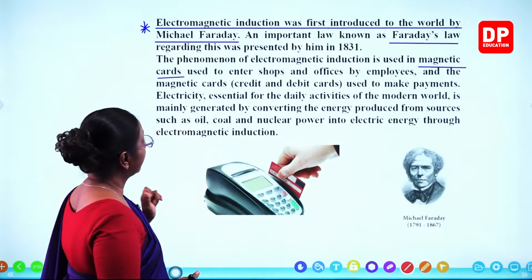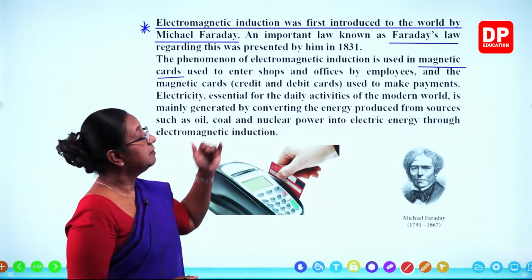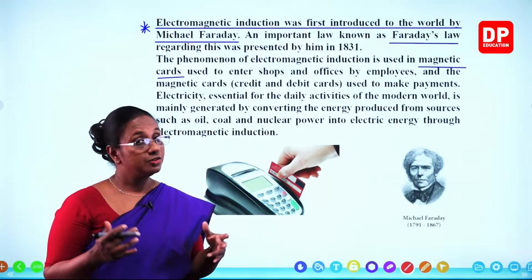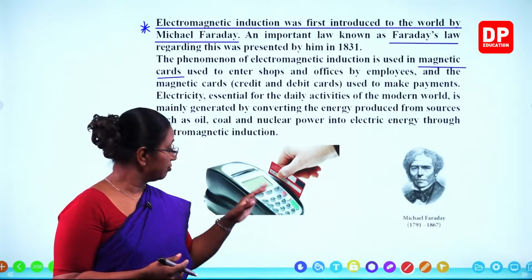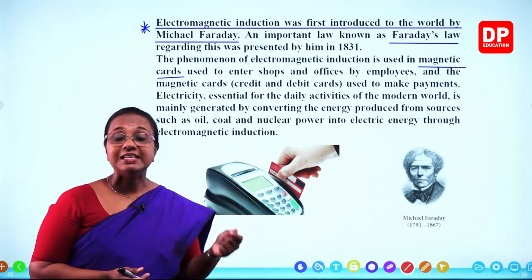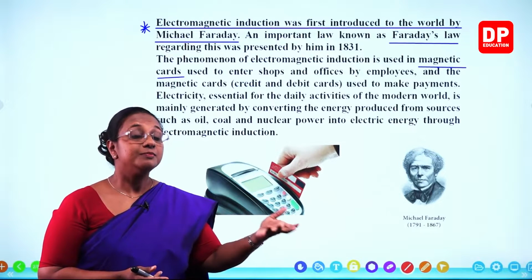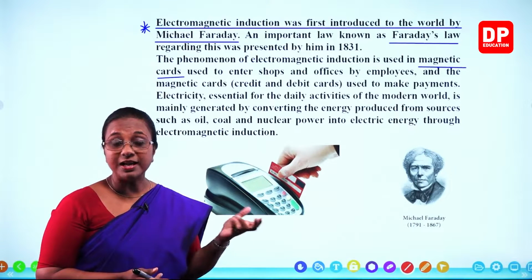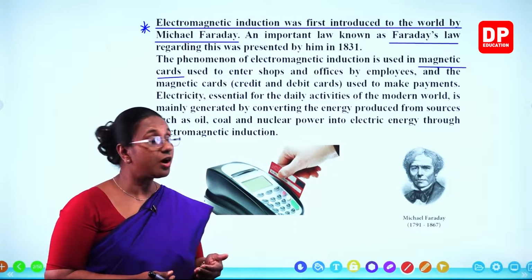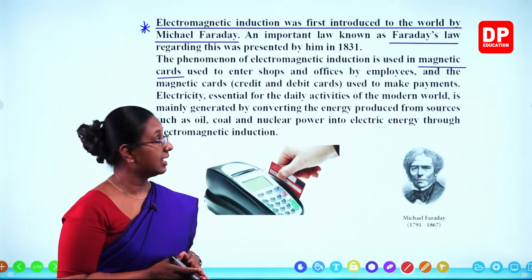So, magnetic cards as examples. Employees of different shops or offices use the magnetic card. Then the credit card, debit card, ATM cards used by the customers of the banks are also magnetic cards.